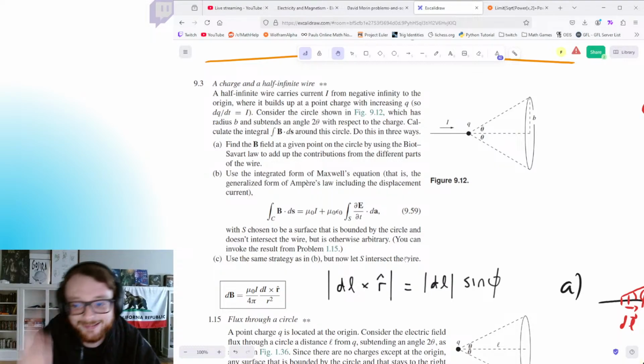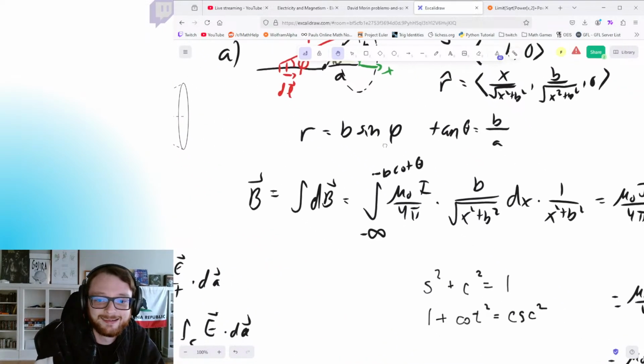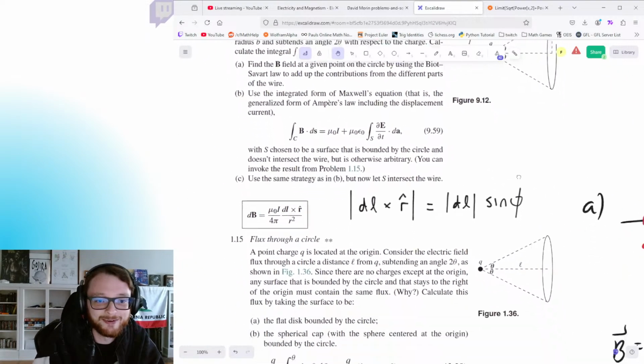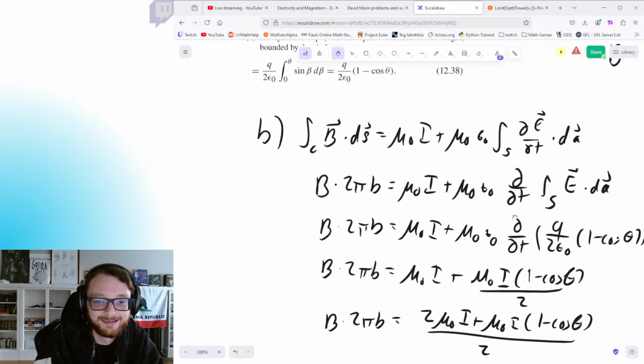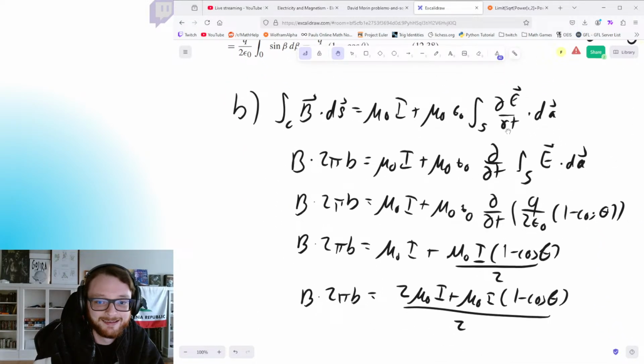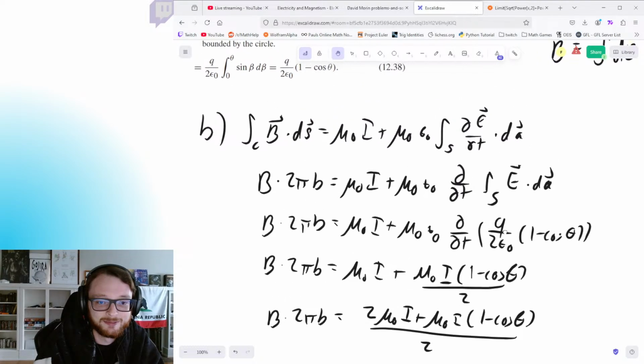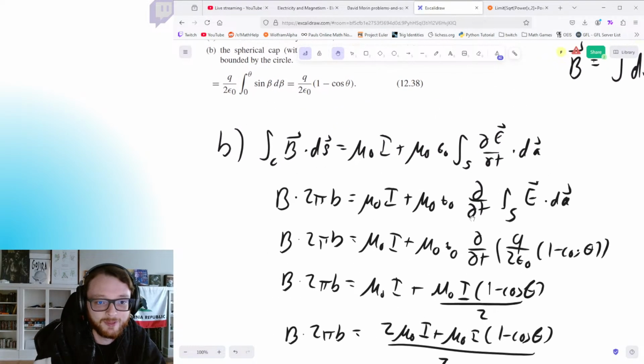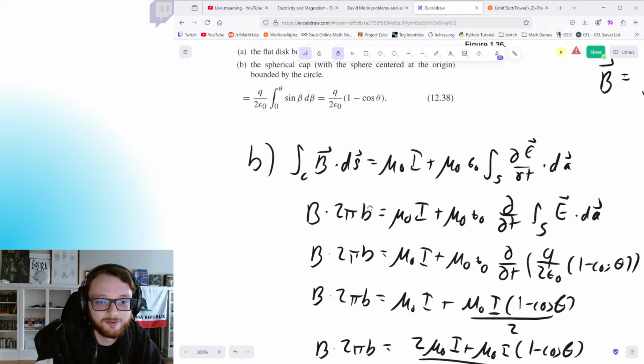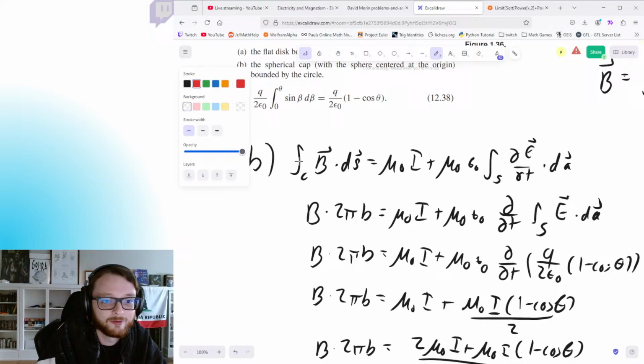I think it's 0. Yeah. So you're saying the I in the mu naught I term is like the I enclosed by our surface, right? Yes. Because then it will be 0.